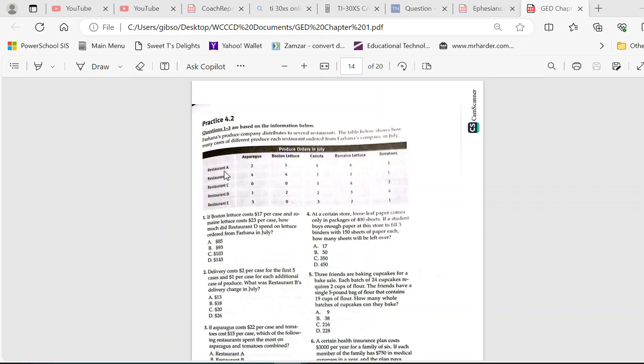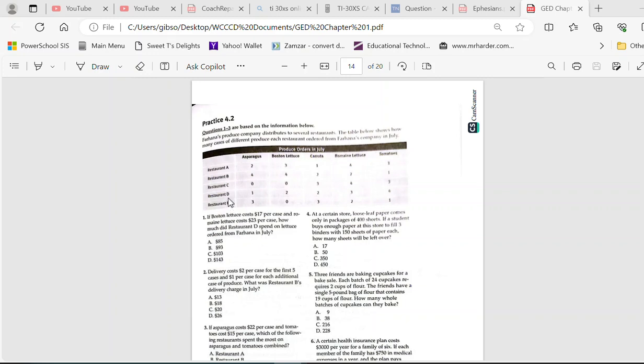We have restaurants A, B, C, D, and E, and we have our numbers here and the type of produce they ordered in July. If Boston lettuce costs $17 per case and romaine lettuce costs $23 per case, how much did restaurant D spend on lettuce ordered from Piranha's in July?